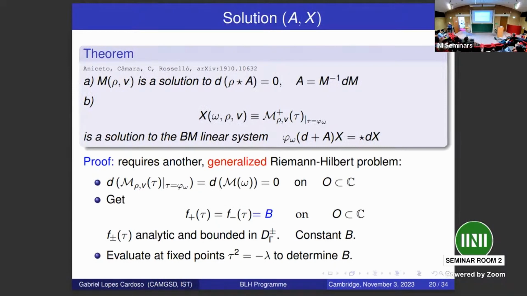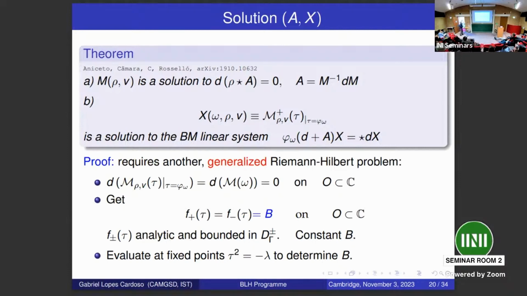And this is an extremely neat and powerful thing. Now, this is a theorem, and this was only proved recently, and the way this was proved is actually by realizing that there is a second Riemann-Hilbert problem in the game. Just a few words about the second Riemann-Hilbert problem, because it will play a role in a second.